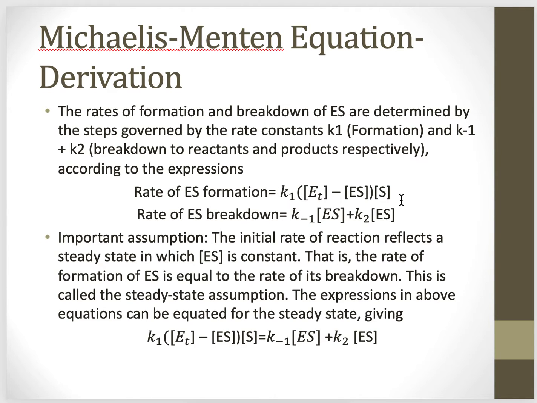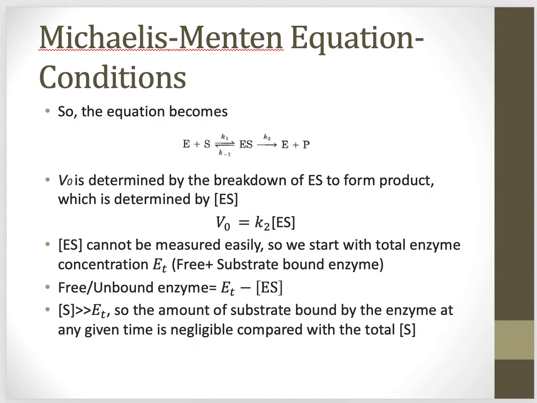Okay, so now what is the rate of ES breakdown? If you want the rate of ES breakdown, we have to see in which step ES breaks down. Actually, in this reaction, there are two steps where ES can break down. First, this step, ES can break down into enzyme and product, or ES can break down into enzyme plus the original substrate. I mean, this forward step and reverse step.